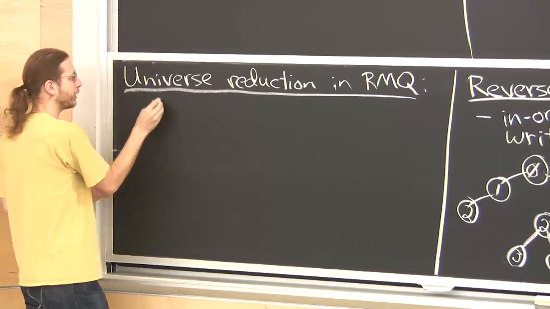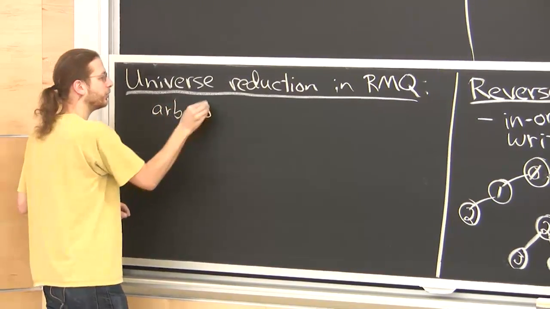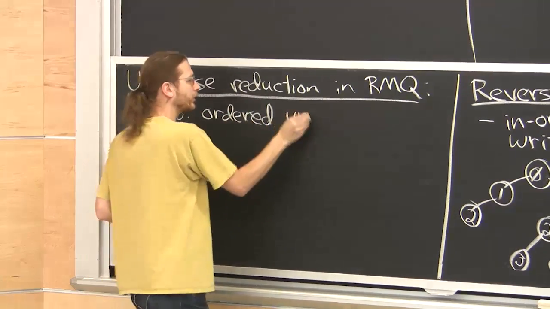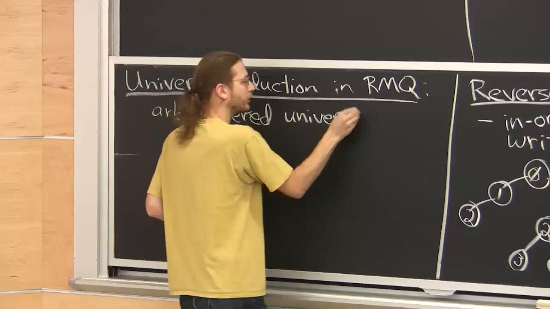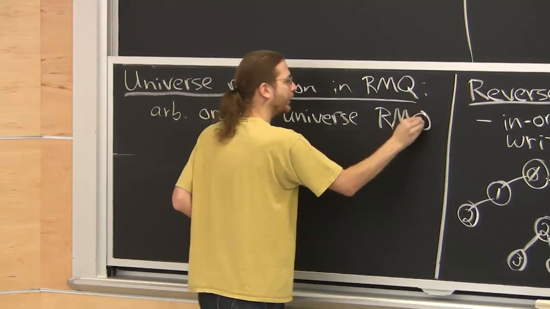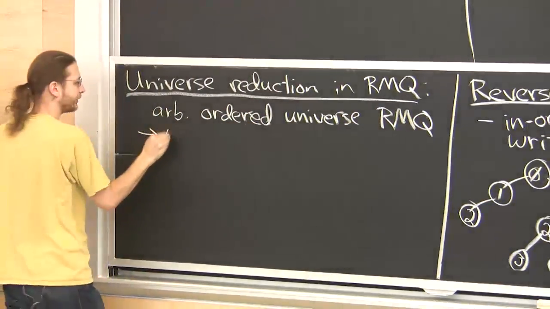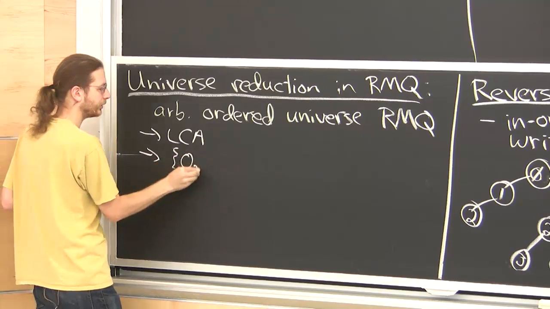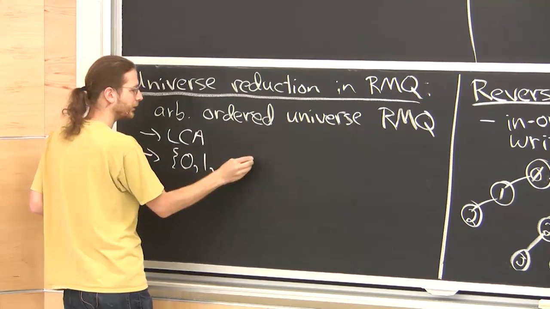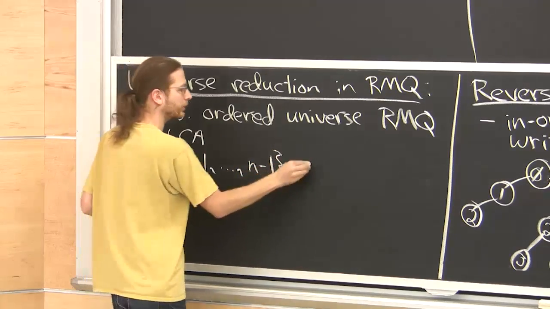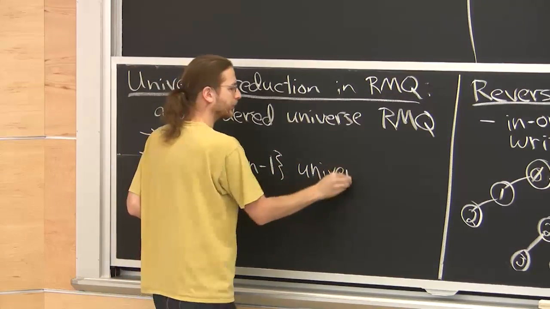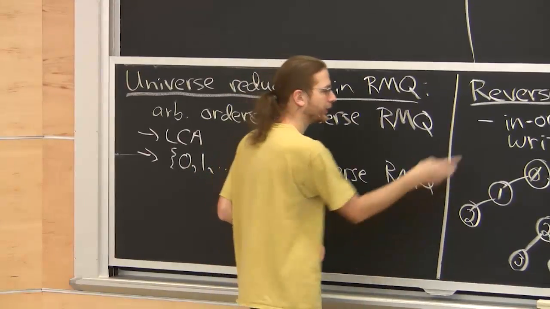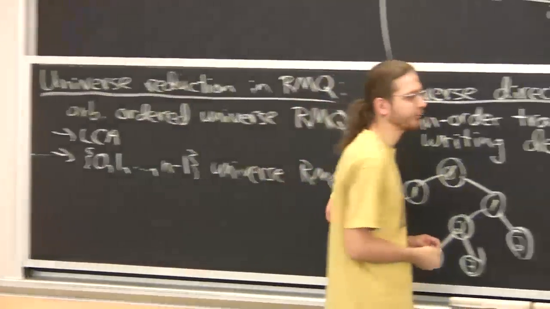But you can start from an arbitrary ordered universe and have an RMQ problem on that, and you can convert it to LCA, and then you can convert it to a nice clean universe RMQ. Just by doing the Cartesian tree and then doing the in-order traversal of the depths.